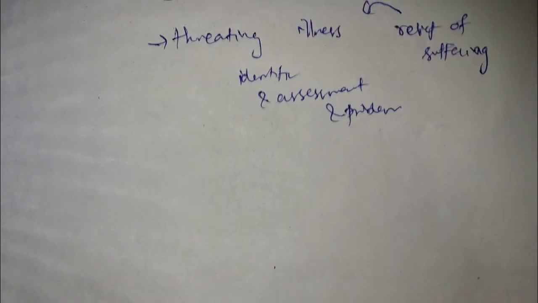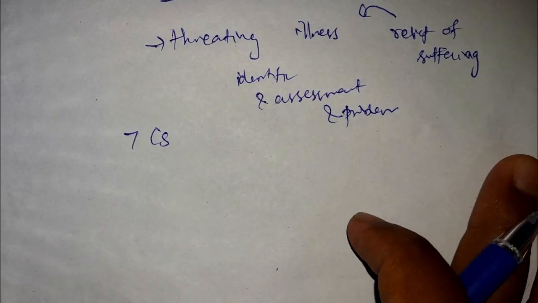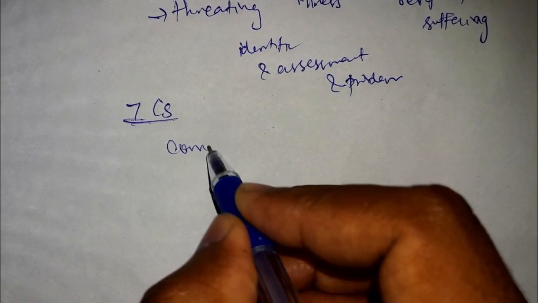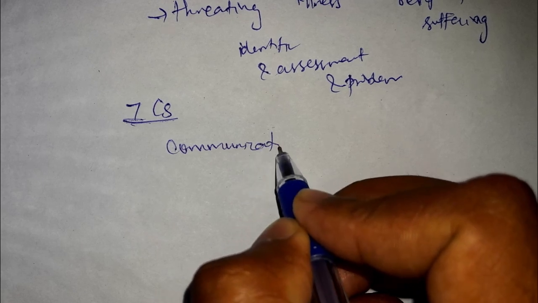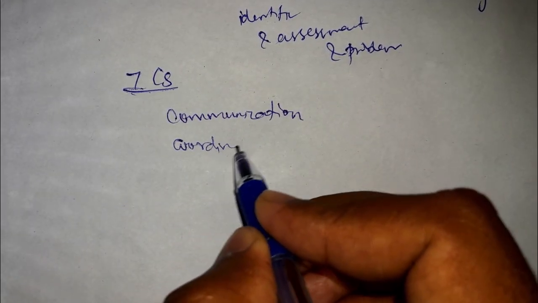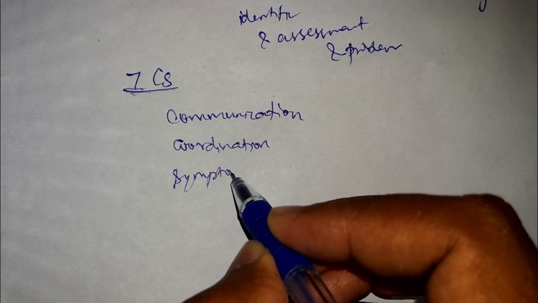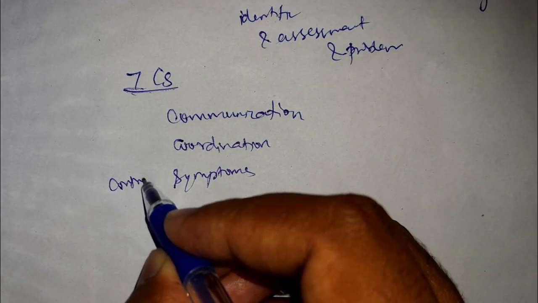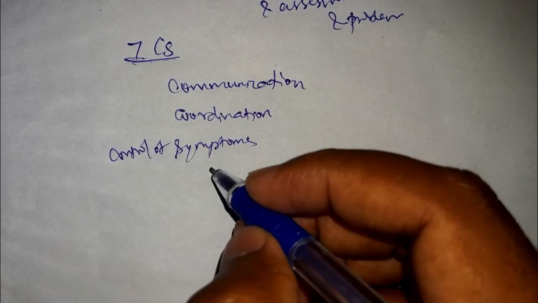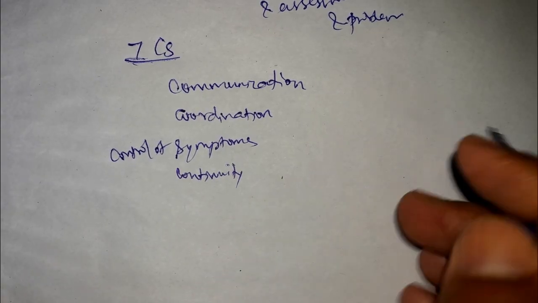For palliative care, 7 C's are there, given by scientists. So what are the 7 C's? First C is communication. During palliative care, communication is much more important. Then coordination, we have to give support and all. And control of symptoms, for that we can give drugs. Then continuity out of hours, we should give continuous treatment.